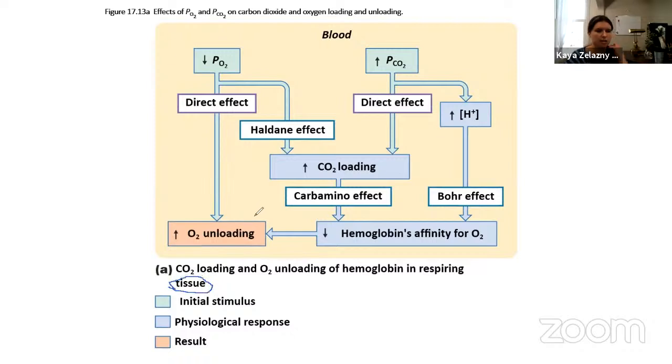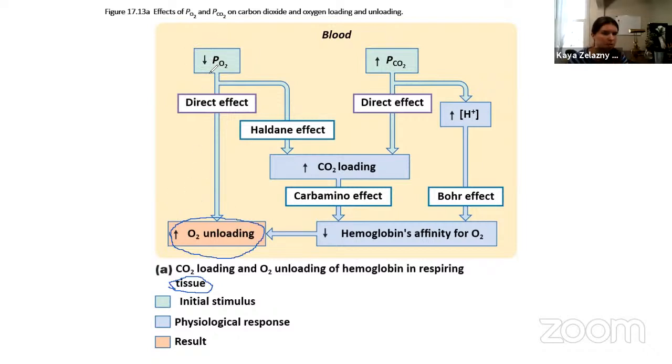I'm actually going to start us at the bottom because I think that's more helpful. What we want to have happen in our tissue is we want to release oxygen because we want that to get into the tissue. So the way we're going to do that is we are going to physically take oxygen off of the hemoglobin and put it into the tissue.